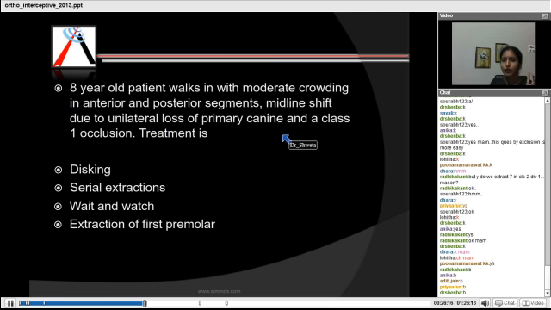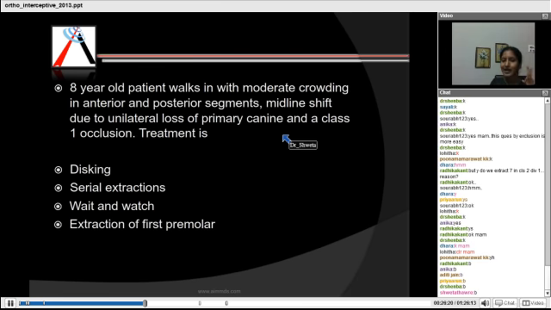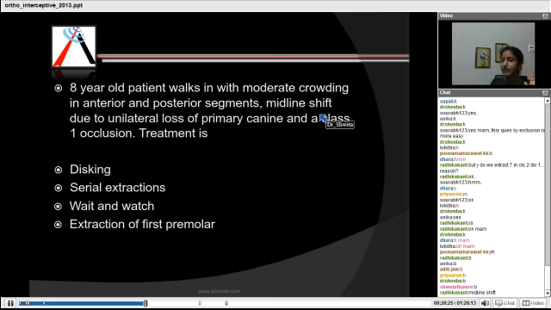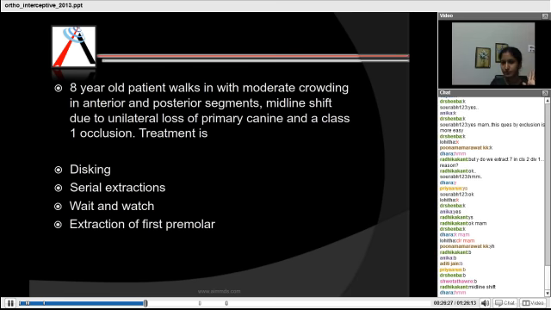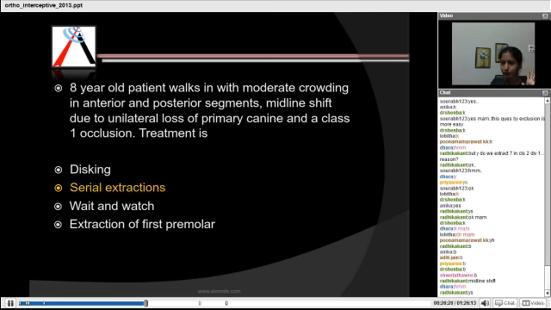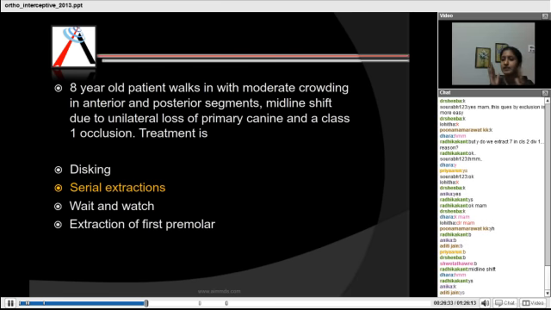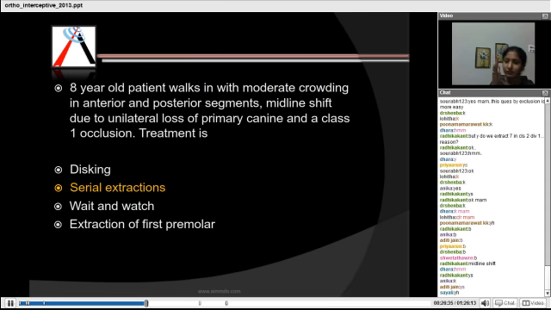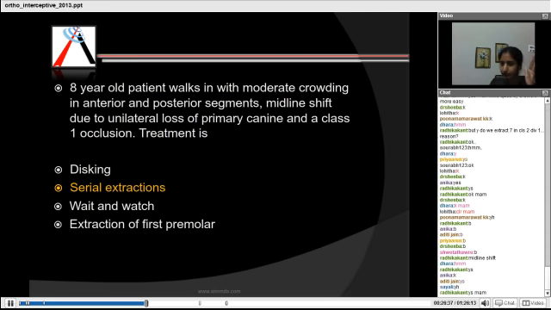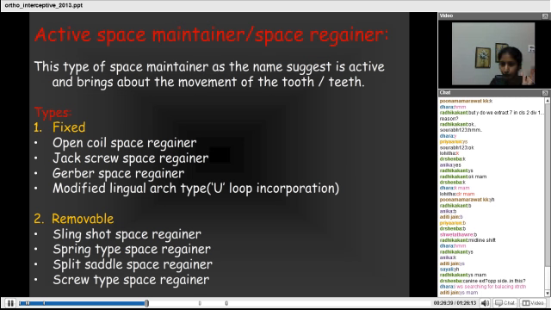Yes, here you have crowding, you have midline shift, you have a class 1 case, and the child is 8 years old. A perfect indication of serial extractions. So now you understood where you have to do serial extraction, where you have to do disking, where you have to do extraction of teeth.